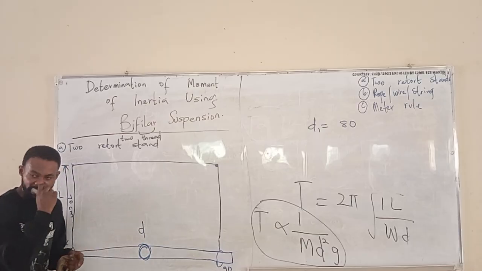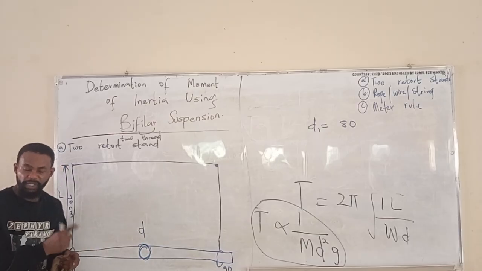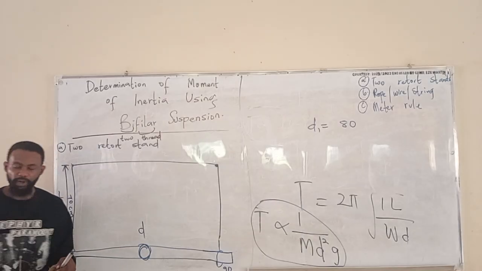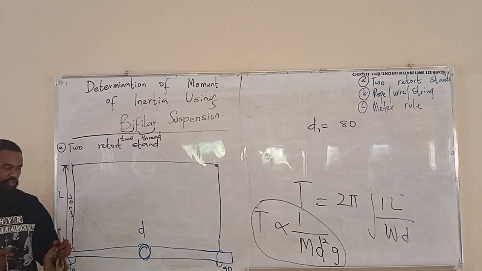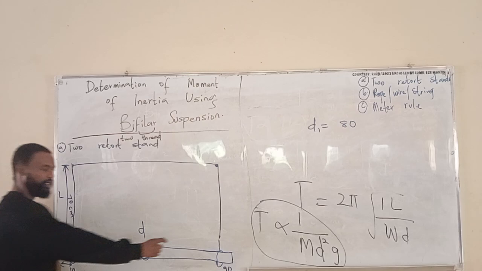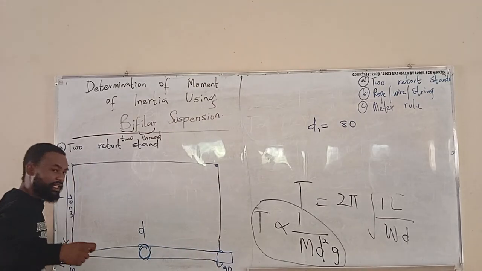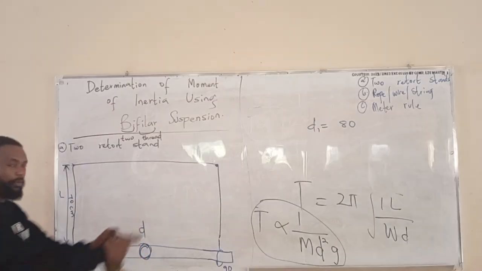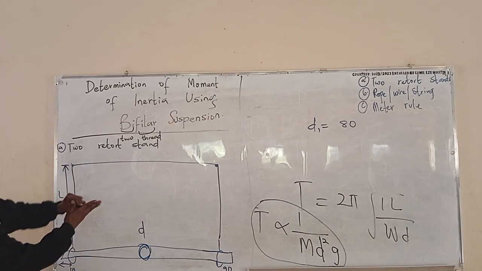And how you rotate this is different from a simple pendulum. A simple pendulum, you do swinging. But in this one, you are holding this meter rule this way, so that you are dragging it, you are making angular displacement. I'm not pushing it to go like this, or like this.